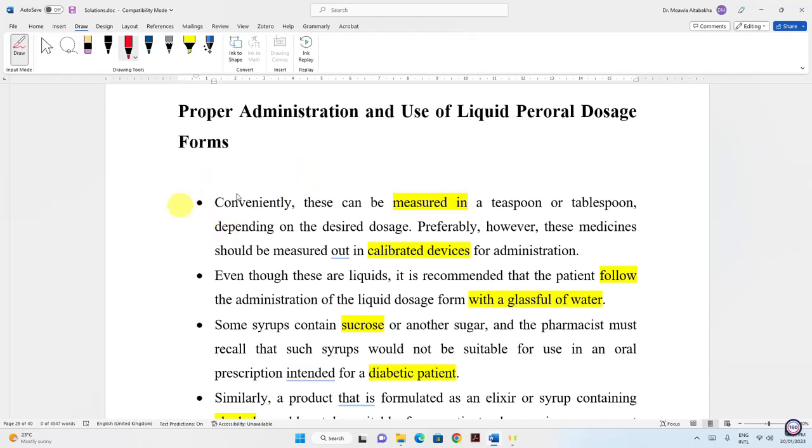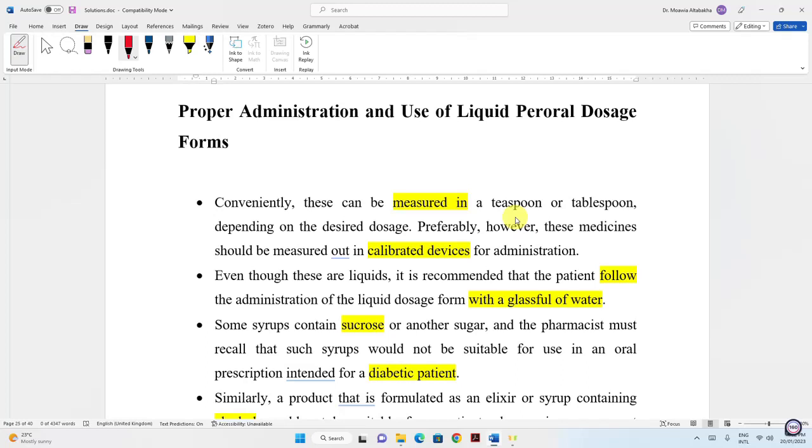The last thing we will talk about today in this part is administering oral liquids. So what counseling should you give the patient about that? First of all, counsel the patient, tell him about the teaspoon, if it is 1 teaspoon or 5 ml.